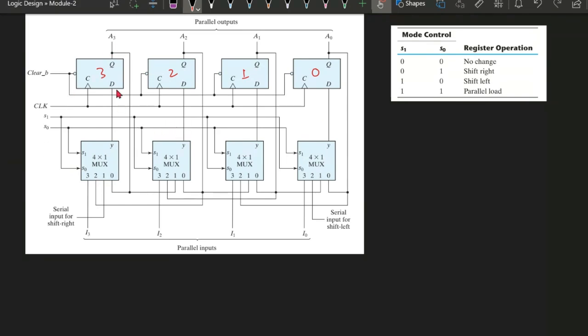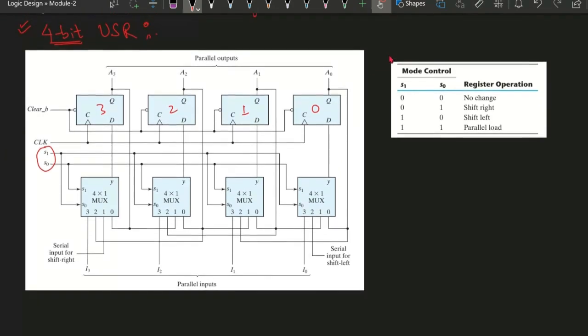Here the select line is going to play the important role. The universal shift register's working mode is decided by the select lines. The different modes are given in this table. Here select lines S0 and S1 are considered as the mode control pins.